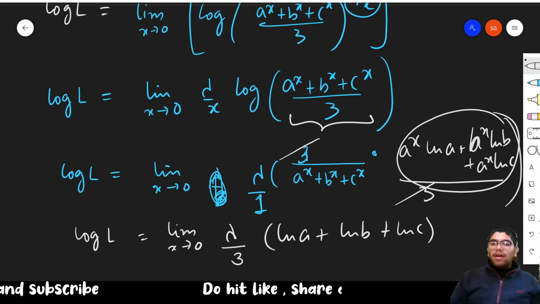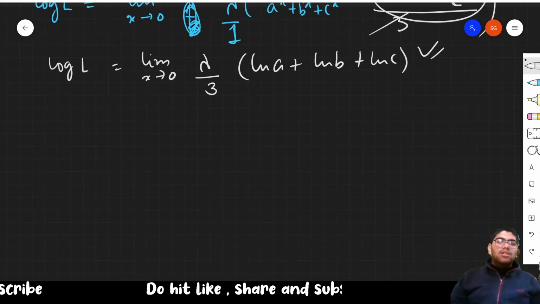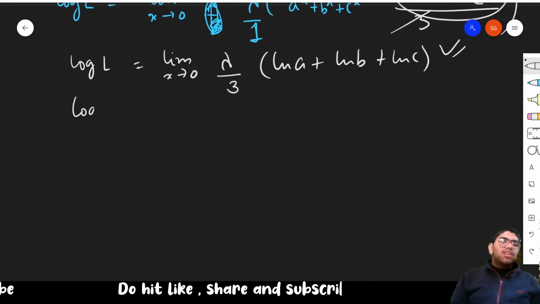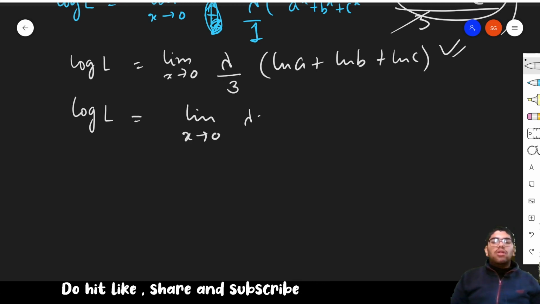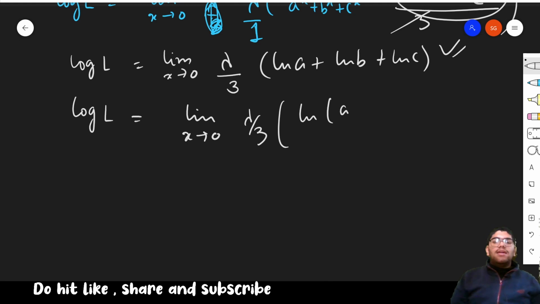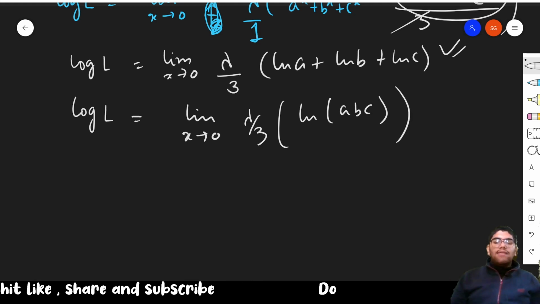So I can simply write this as log L is equal to limit x tending to 0 of lambda by 3 ln abc. How I wrote this, I think everyone is aware.